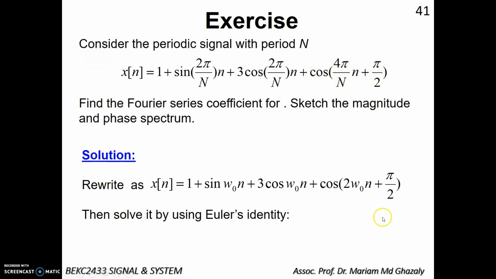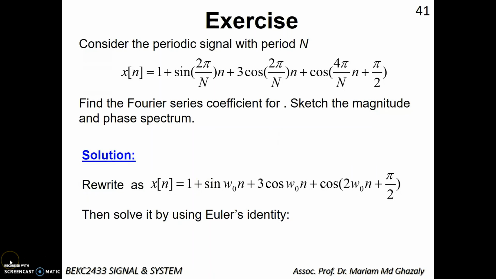This is where you rewrite the equation. So assuming that you have the frequency given by 2 pi over N, then solve the equation by using Euler identity. It looks easy, right? So let's do this exercise. Take a piece of paper, write out the equation, expand it using Euler identity, then solve the equation.